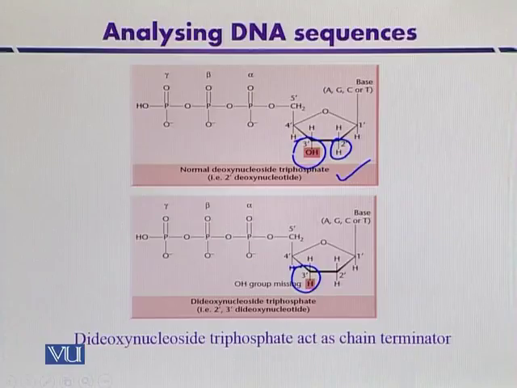So in this way, we can use different dideoxynucleoside triphosphates, for adenine, guanine, cytosine, thymine. So we can add modified nucleotide bases so that chain termination occurs after different time intervals.